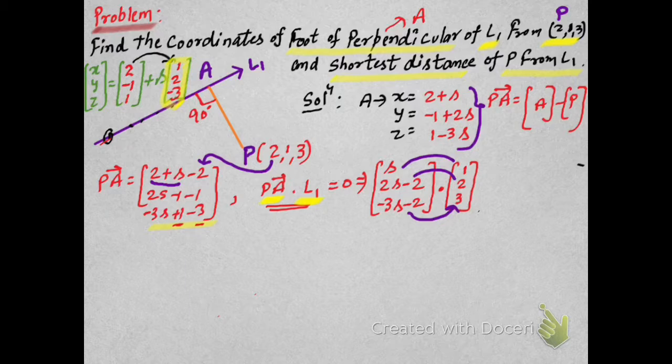So let's continue with this. 1 times S is S, and then 2 times 2S is 4S minus 4, then minus 3 times minus 3S is plus 9S, minus 6 equals 0.